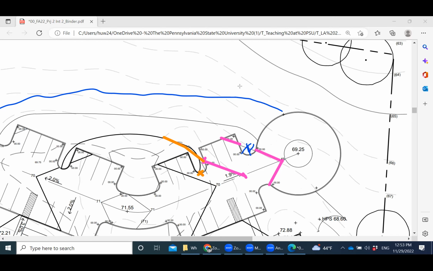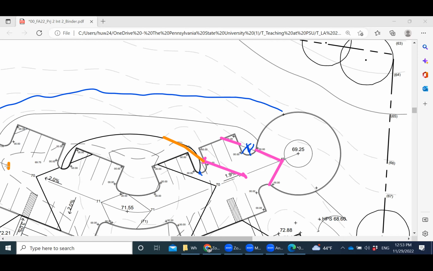Here, the elevation equals where this is. So it's not 70.5, okay? That would be much lower than 70.5. So that's how you find out where my contour comes out of the curve. Here, yeah, that doesn't look correct either because we're looking for 70, right?